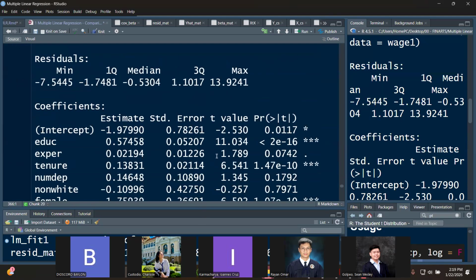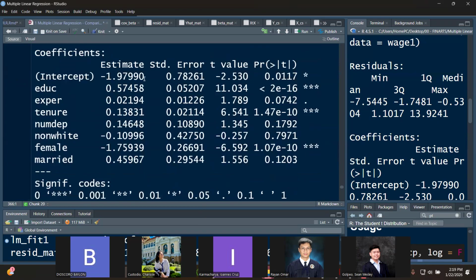How was this generated? Di ba na-generate na natin si estimate? Ito, X transpose X inverse X transpose Y. Itong standard error, saan natin nakuha ito? Kinuha natin yung covariance ng beta natin. Then we got the diagonals and then got the square root. Ito yun. T-value, paano natin nakuha yun?